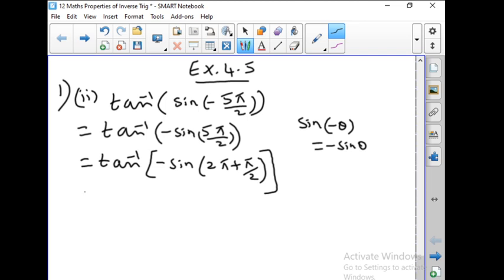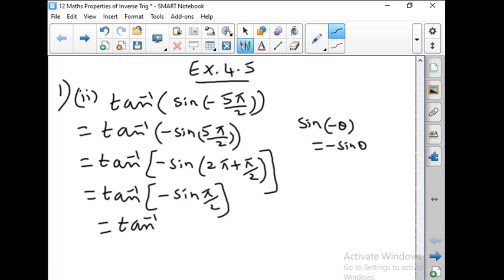When you add, you get 5 pi by 2. So which quadrant does it lie in? 2 pi plus pi by 2 lies in the first quadrant. In the first quadrant sine is positive, and 2 pi is 360, so it is even, so sine remains the same. So we get minus sine pi by 2. And now what is sine pi by 2?